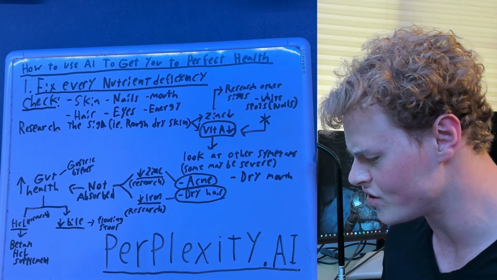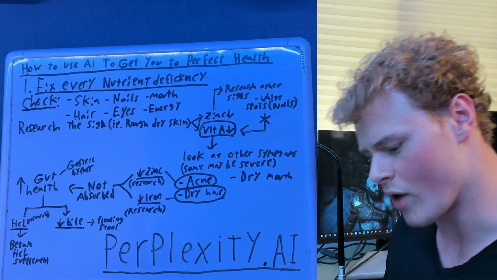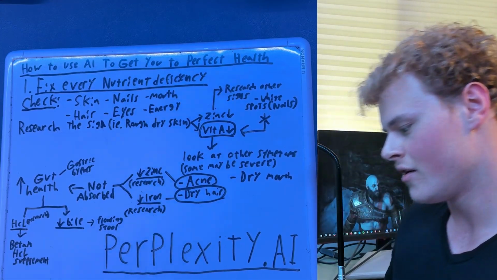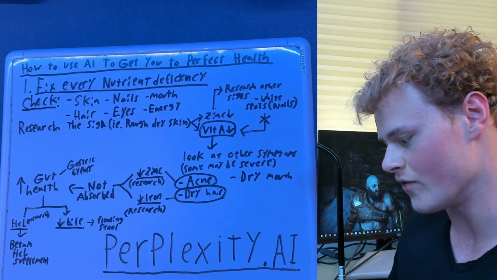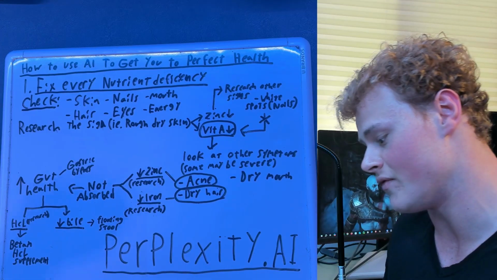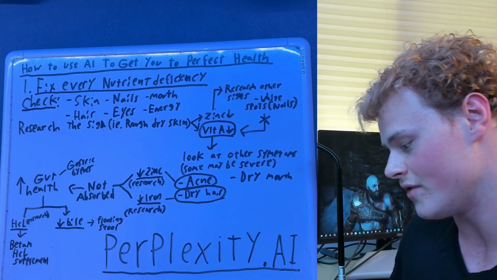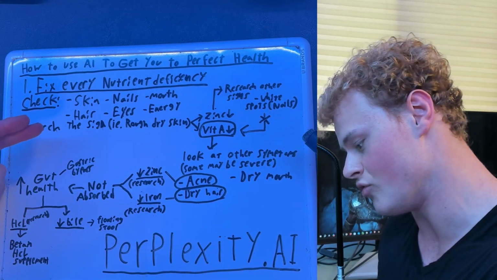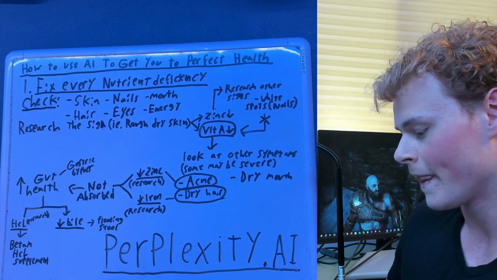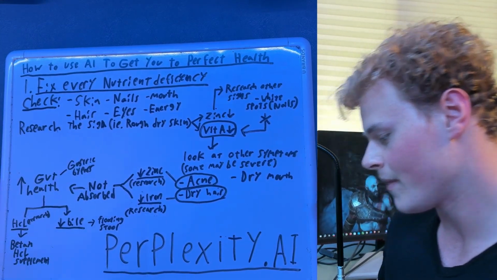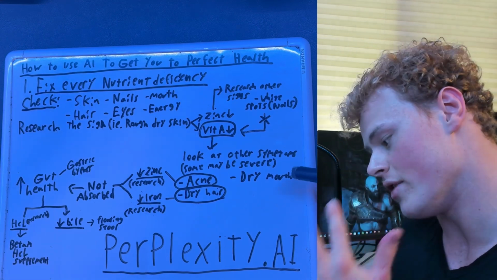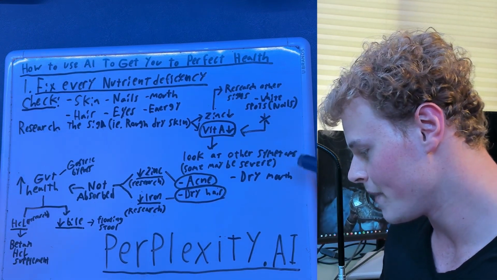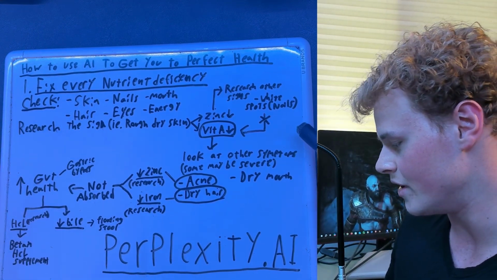You want to ask questions about it, like, why are my nails breaking easily? Possible nutrient deficiencies for nails breaking easily. Possible nutrient deficiencies for dry mouth. Possible nutrient deficiencies for dry, brittle nails, hair falling out. Maybe you have discoloration around your eyes or something like that. These are all signs of different nutrient deficiencies.